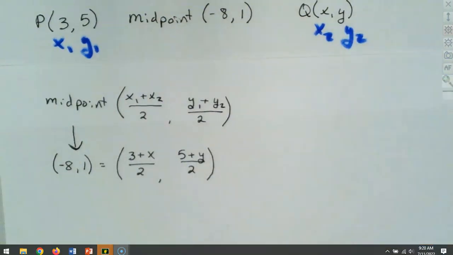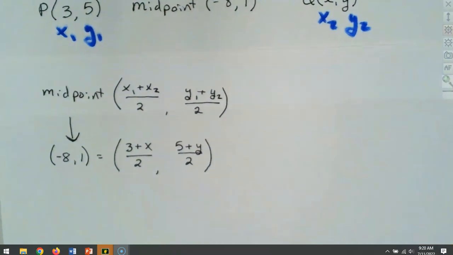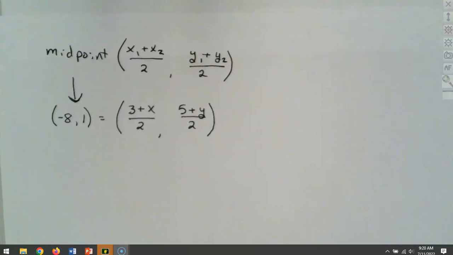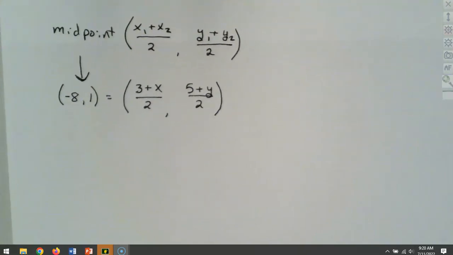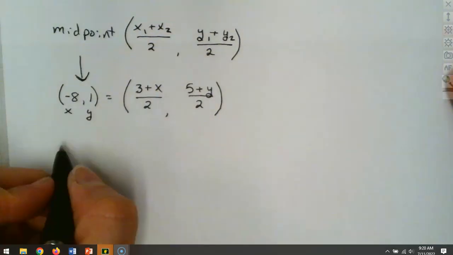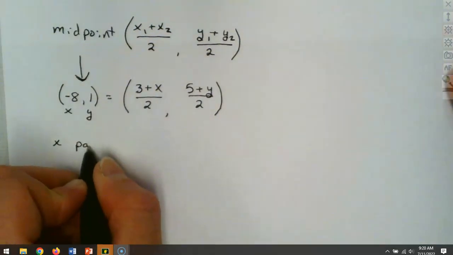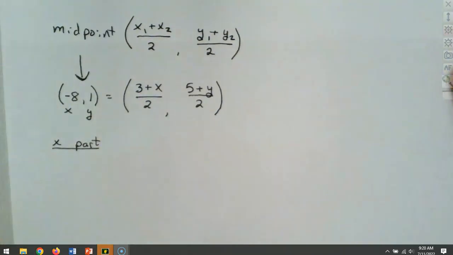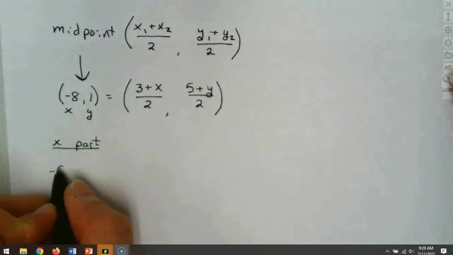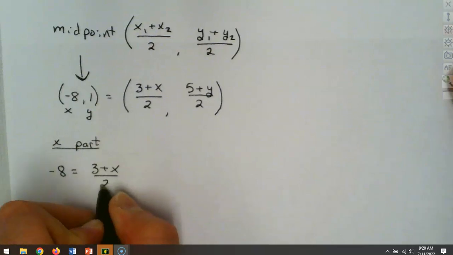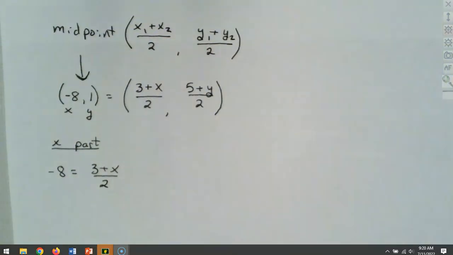Now, we are going to have to solve two equations, but they're very easy to solve. And we're going to end up with our x and our y components of our Q. So this is your x, and this is your y. And let's look at the x part. The x part is everything in front of the comma. So we have minus 8 equals 3 plus x2 over 2. Right, that's your x part, everything in front of the comma.